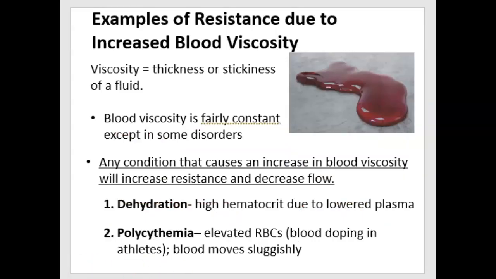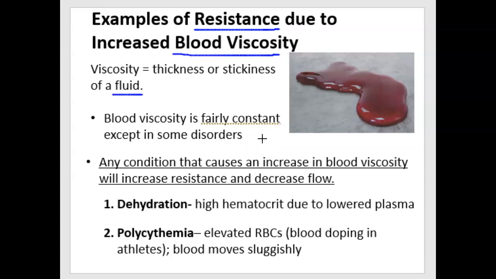Now, even though this is relatively constant in a healthy circulatory system, let's talk about the idea of blood viscosity impacting blood flow due to causing resistance. So viscosity refers to a feature of a fluid. How sticky is it? How thick is it? Like water's not very viscous, right?